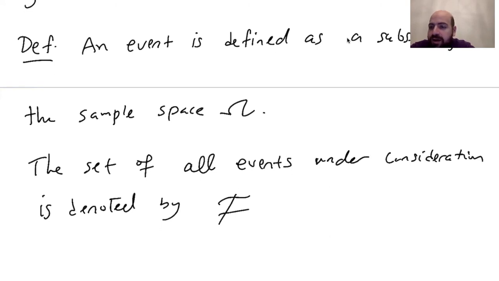But if you have an infinite set, or a continuous set, like a subset of the real numbers, let's say omega is an interval, then what can we consider as curly F? That is defined in measure theory courses. We can still say what curly F can be in that case, but because in this course we want to focus on discrete cases, I don't want to go into the details of measure theory.